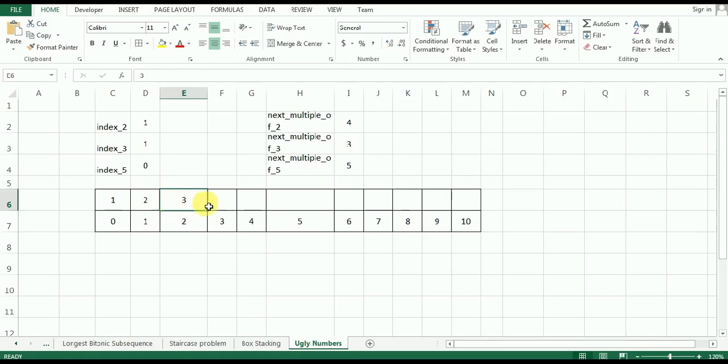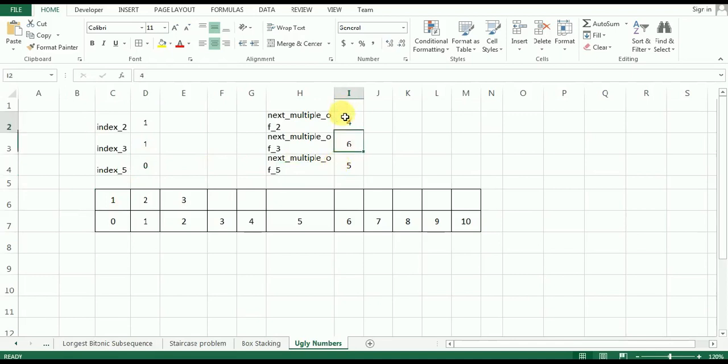So let's quickly fill this array using the approach that we have discovered. 2 multiplied by value at index 1, which is 2, so 2 into 2 is 4. 3 multiplied by value at index 1, which is 2, so 3 into 2 is going to be 6. 5 multiplied by value at index 0, which is 1, is going to stay as 5.